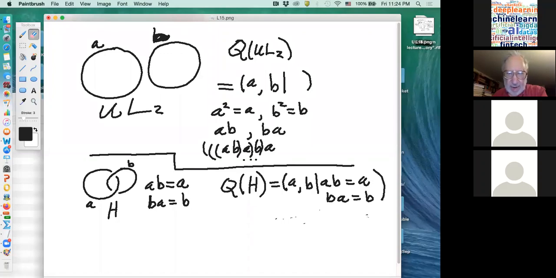And so you can analyze the linkedness of this by pointing out that the fact that it's linked is related to the fact that its quandle is non-trivial. And nevertheless different from this one, but you're going to have to do more algebraic analysis even on this one to be clear about everything. So I will leave it, but you can look at those two examples and think about them.